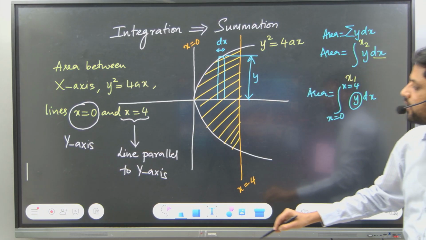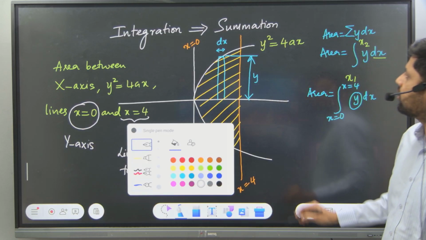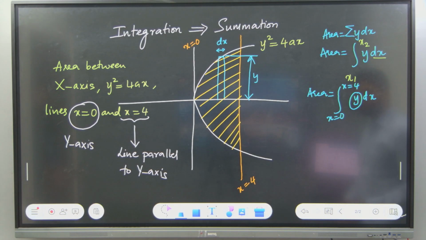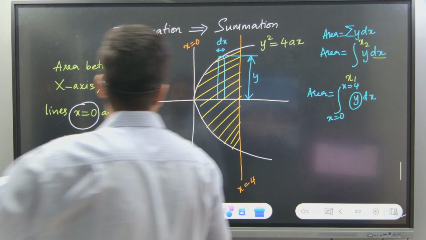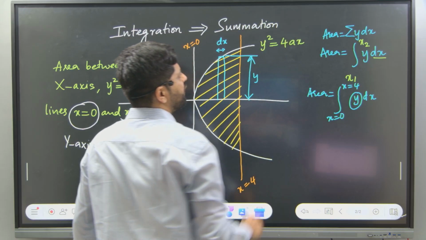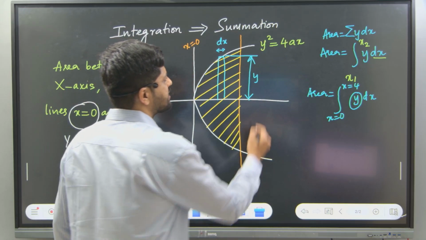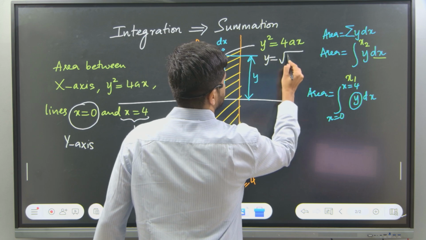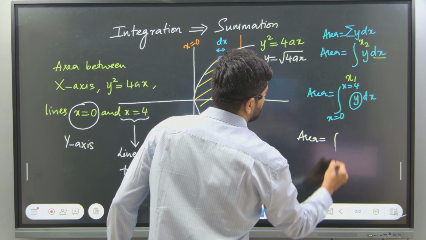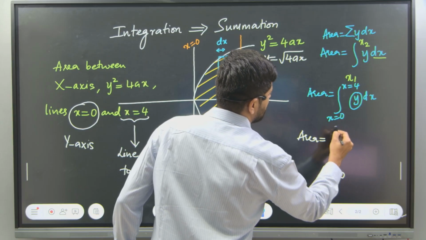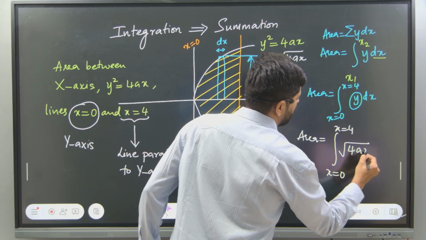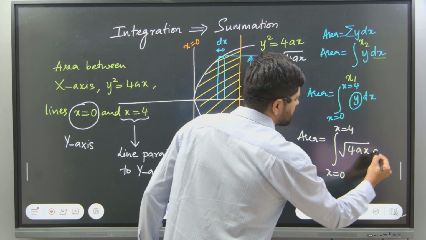Can I write it in terms of x? y square is equal to 4ax, so can I write y as square root of 4ax? Yes. So area will be the integration from x is equal to 0 to x is equal to 4 of square root of 4ax dx.